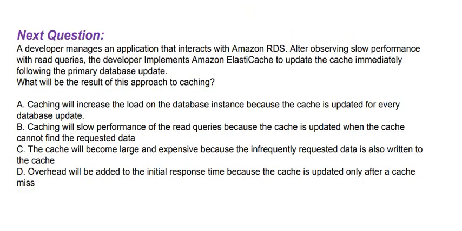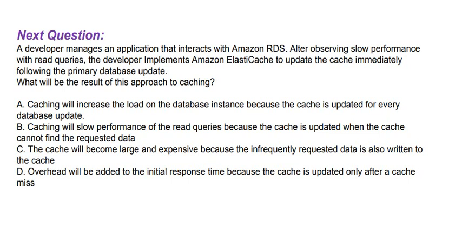Moving to next question. A developer manages an application that interacts with Amazon RDS. After observing slow performance with read queries, the developer implements Amazon ElastiCache to update the cache immediately following the primary database update. What will be the result of this approach to caching?